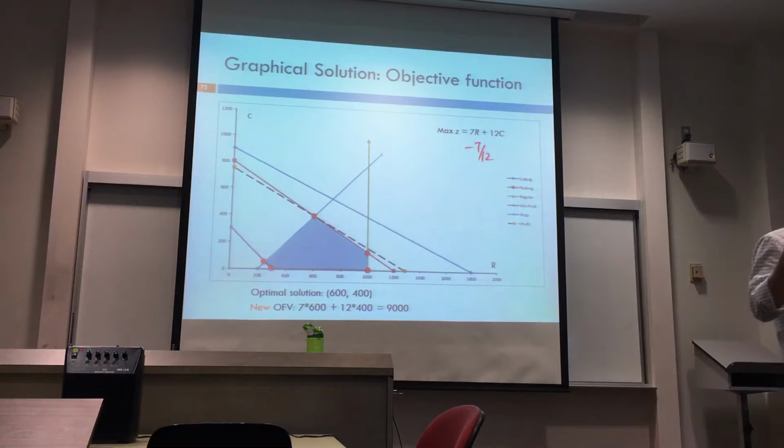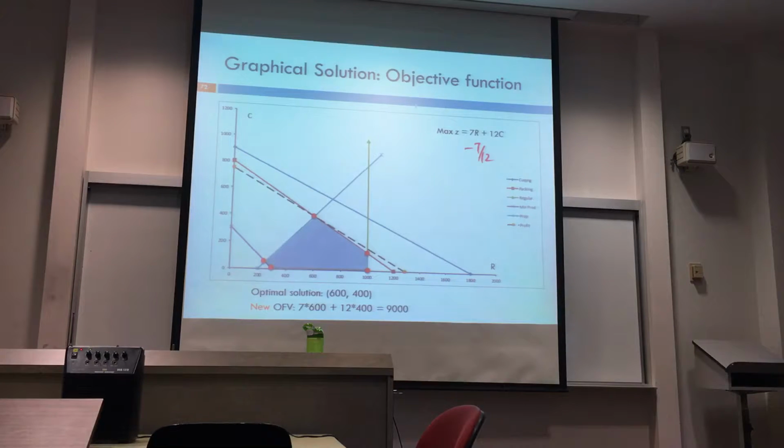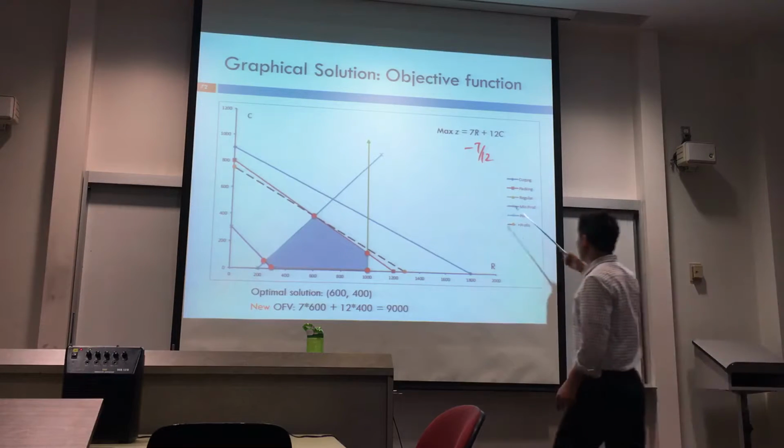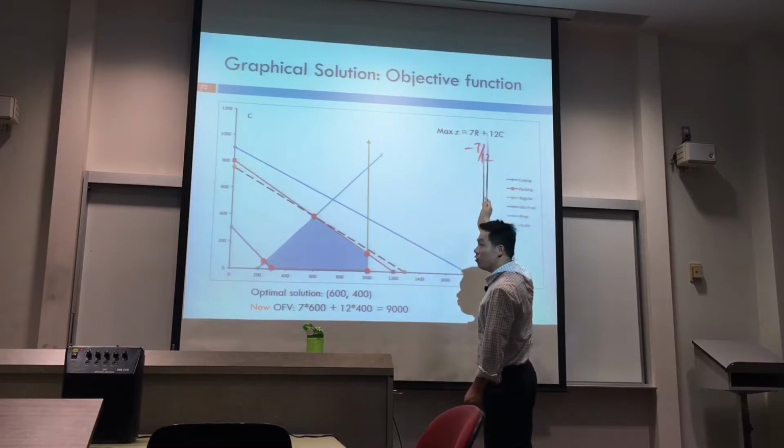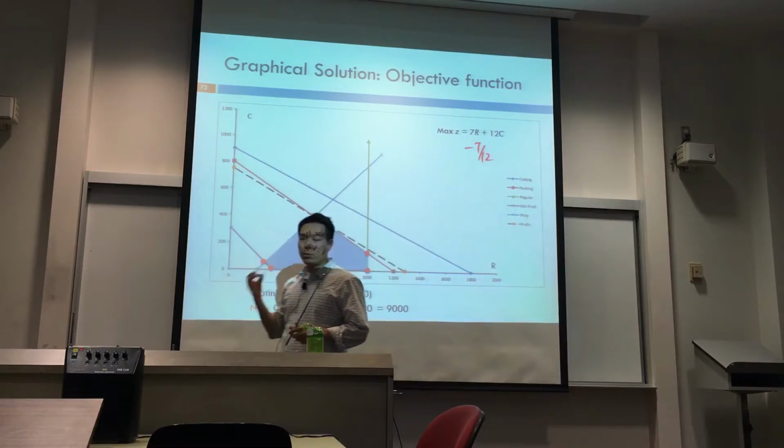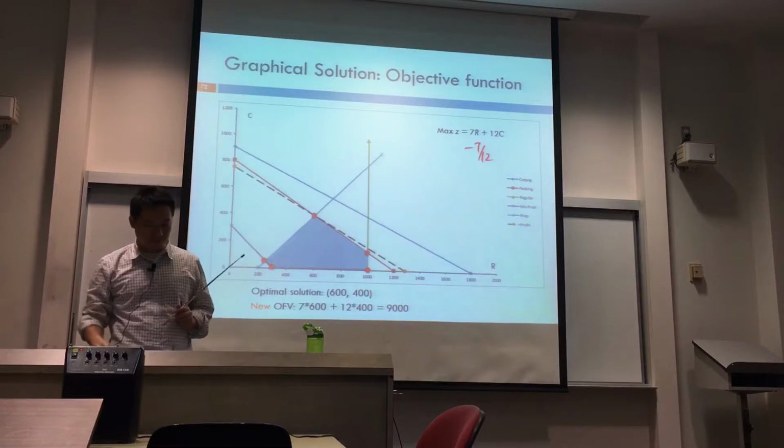Why is the optimal OFV going to change? Yes, the coefficient will change. That's right. Obviously, if R and C stay the same, but you change the coefficients, then the value of the objective function is going to change, right?